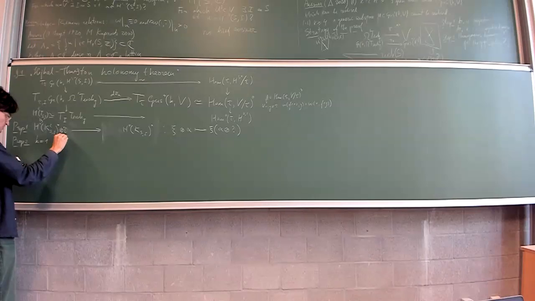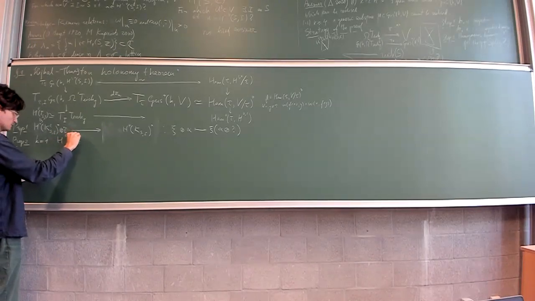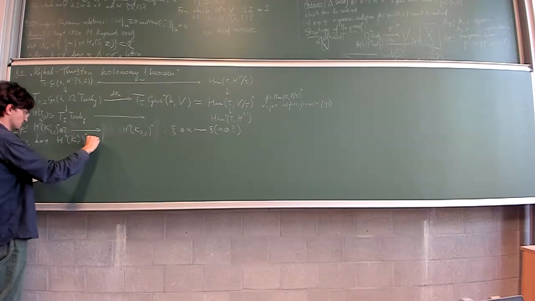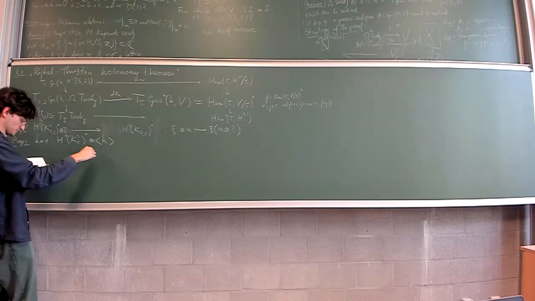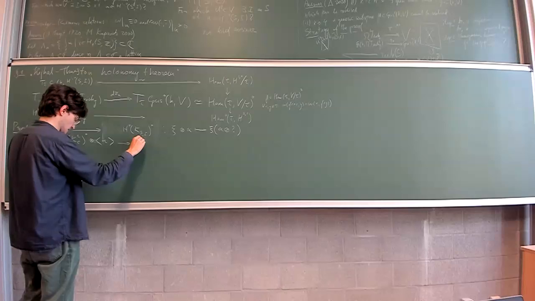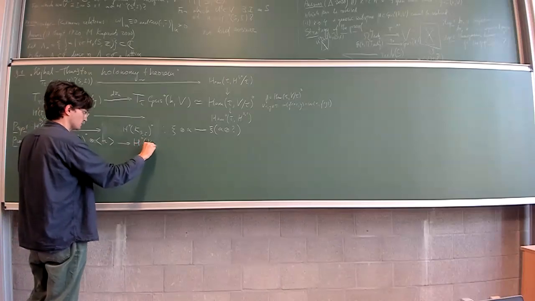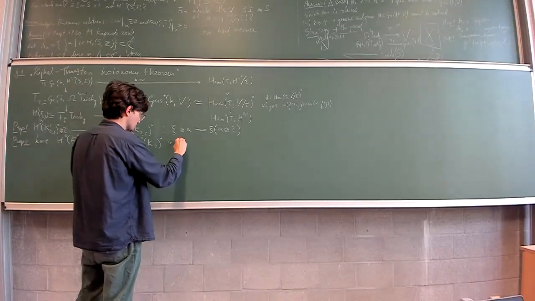The map from H0 k times some one class alpha to H0 k is always surjective.